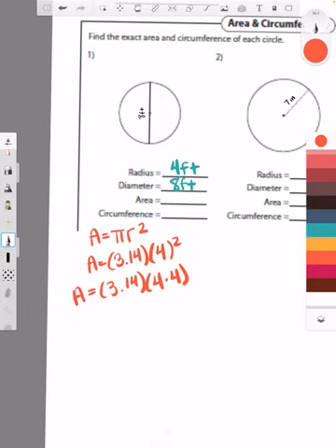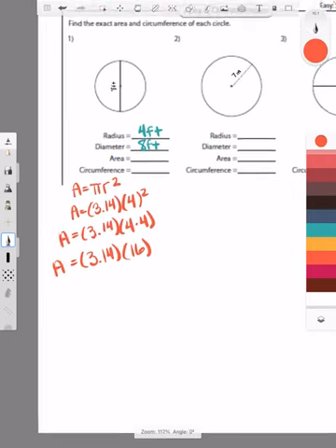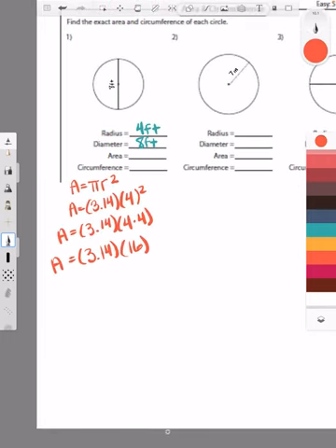So now I'm left with area is equal to 3.14 times 4 times 4. 4 times 4 is going to get me 16. And now I'm going to need to multiply 16 times pi, which we're using 3.14 to represent. So I'm going to go and multiply these two values. 4 times 6 is going to give me 24.